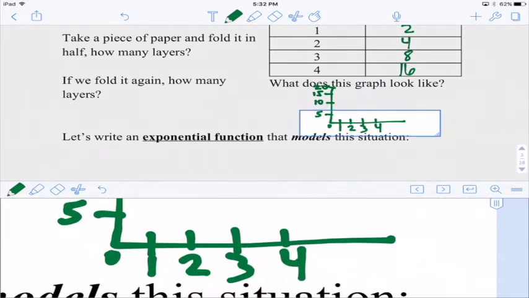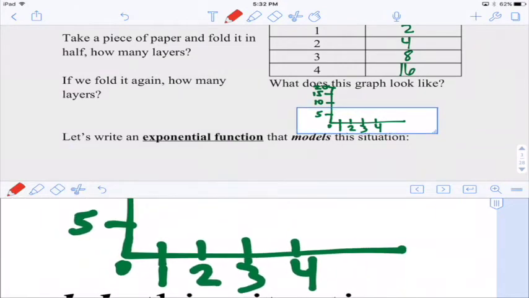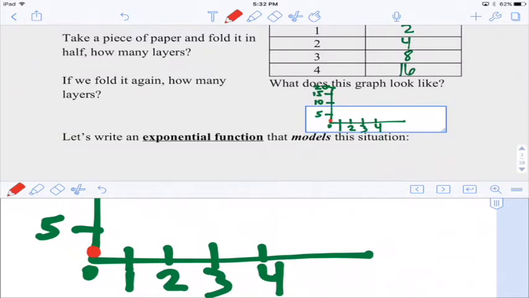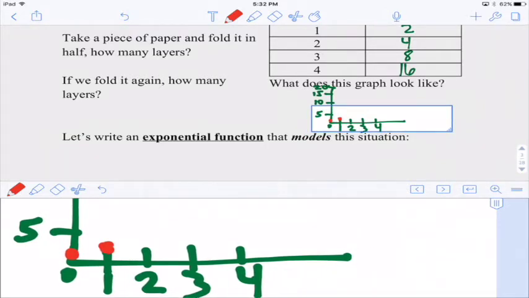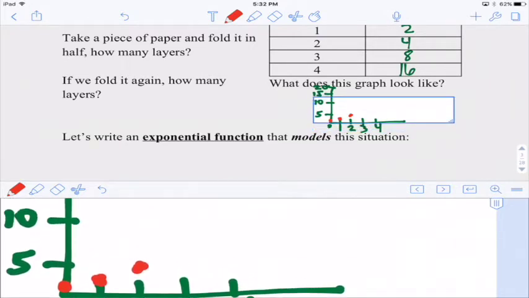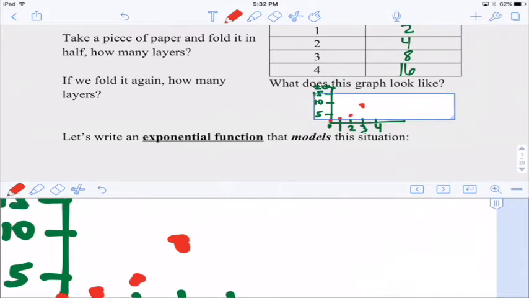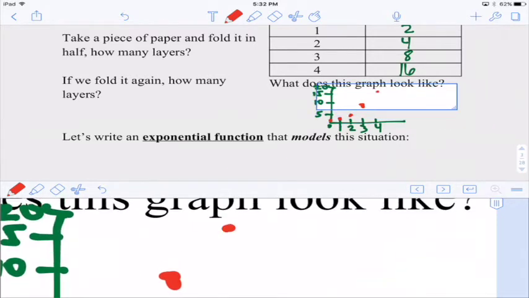I drew my scale. At 0 folds, we had 1 layer of paper. At 1 fold, we had 2 layers of paper. At 2 folds, we had 4 layers. At 3 folds, we had 8. And at 4 folds, we had 16.